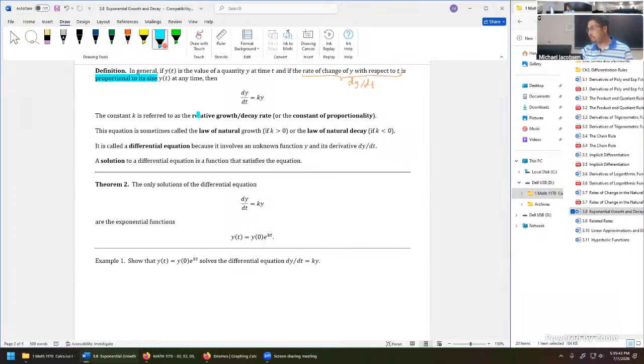Either way we decide to call it, it's just a constant and it goes here. So if it's proportional to its size, y of t, then y of t also goes here. So we just have the proportionality constant k times y.